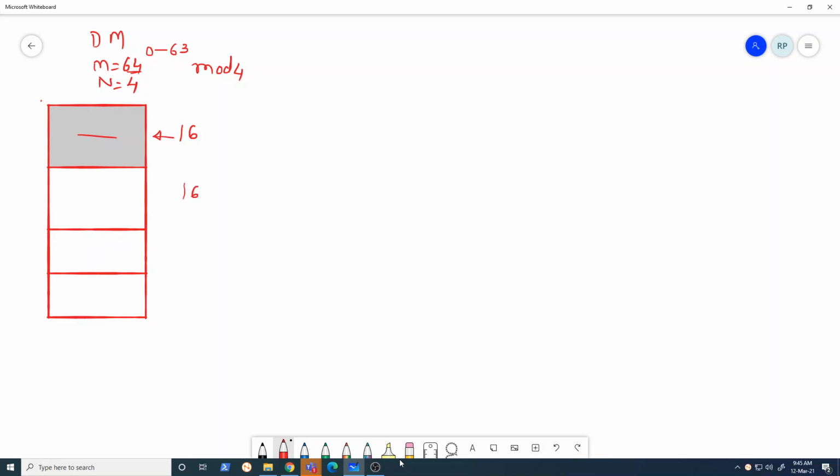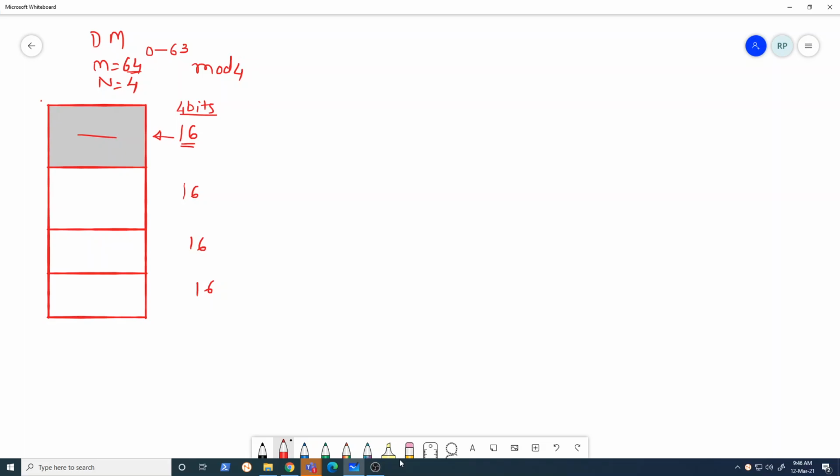For this 16, for this also 16, for this also 16, from this is 64. And what does the tag bit indicate? It indicates whether the particular block that I want, out of the 16, is present in this block or not. To address these 16 blocks, how many bits are required? 16 is 2 raised to 4, so 4 bits are required.